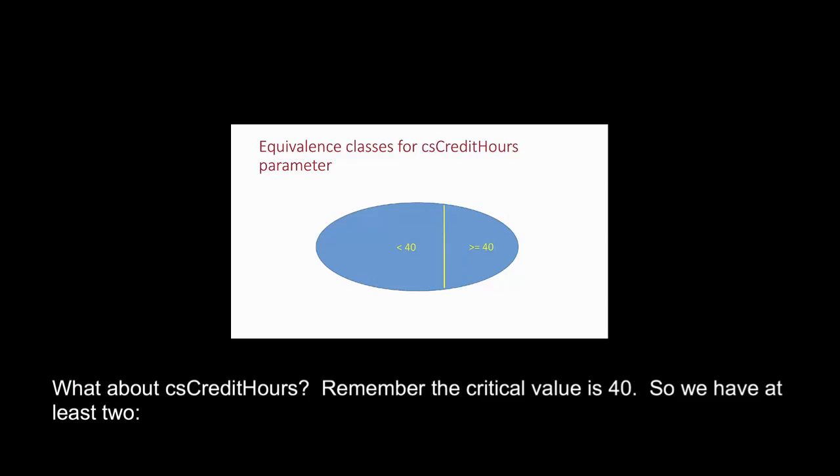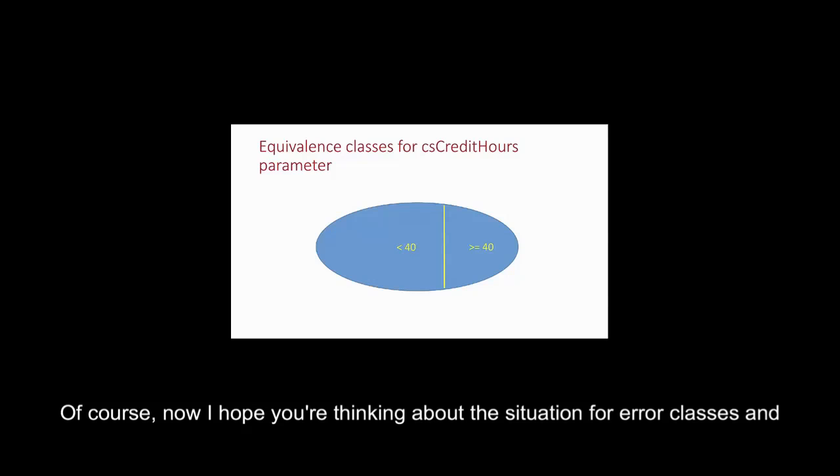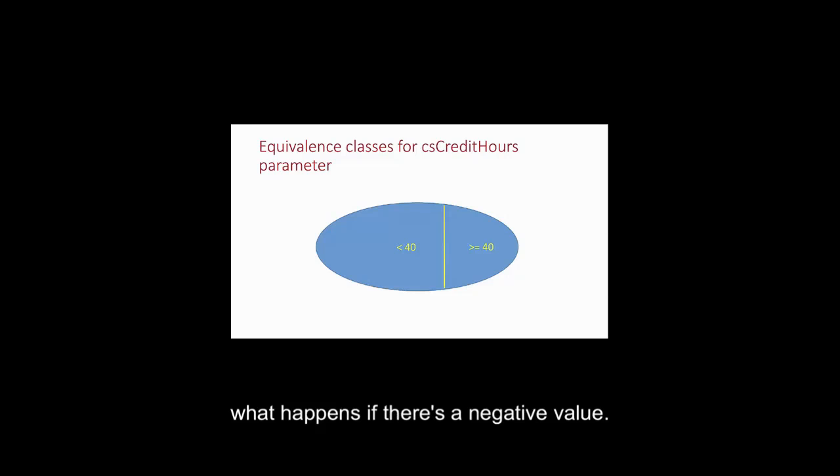Remember, the critical value was 40, so we have at least two equivalence classes, greater than or equal to 40 and less than 40. Of course, now I hope you're thinking about the situation for error classes and what happens if there's a negative value. So let me add a third class here for negative values.